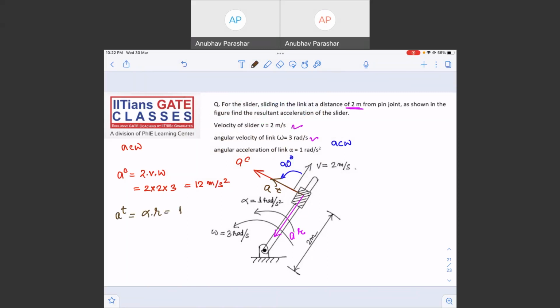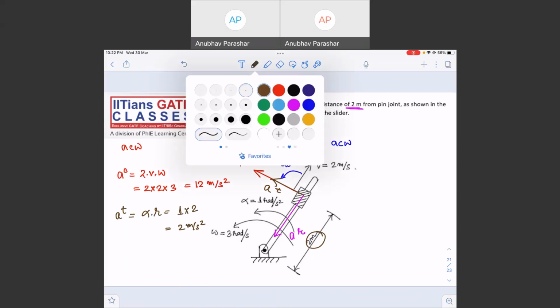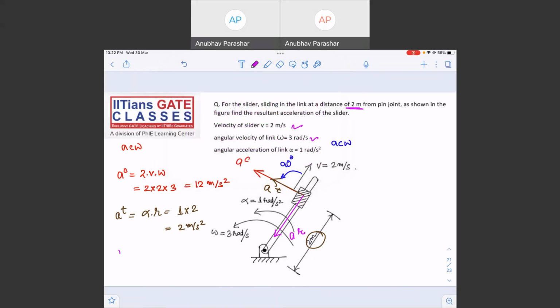Alpha is 1 radian per second square and r is 2 meter, already given, so this is equal to 2 meter per second square. Similarly, what is the value of radial acceleration? Radial acceleration AR is equal to omega square r. Omega is 3, square is 9, into r is 2, 9 into 2 is 18 meter per second square.